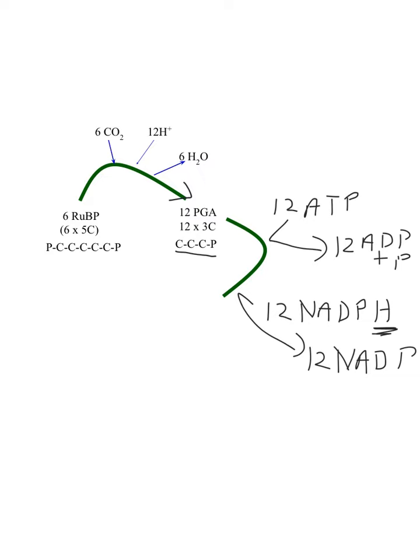So instead of phosphoglycerate, we end up with something called phosphoglyceraldehyde, or glyceraldehyde 3-phosphate. Some texts use this format. And there's still 12 of these puppies. They still have their attendant phosphorus, but like I said, they all have a hydrogen attached as well.